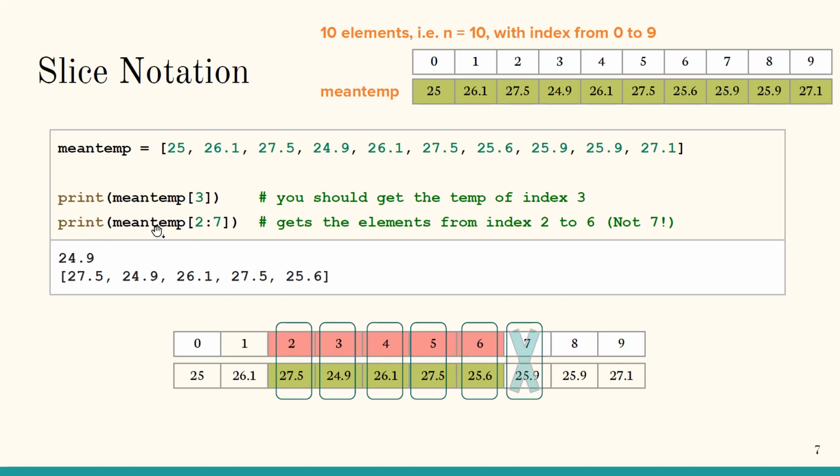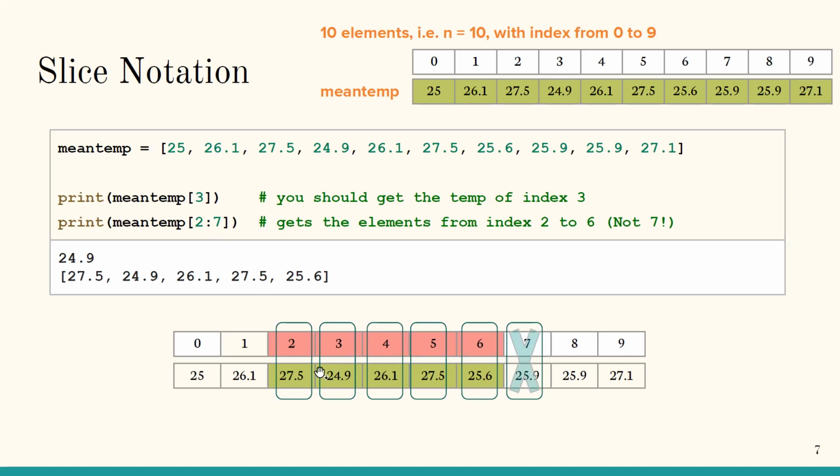Okay, what about this one? Mean temp 2 to 7. 2 is the starting index. So 0, 1, 2. And in Python, if you use slice notation like this, 7 is not included. The last one is not included. So this means 2 to 6: 2, 3, 4, 5, 6.